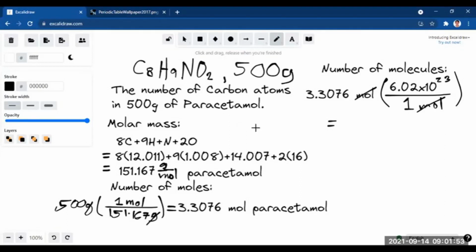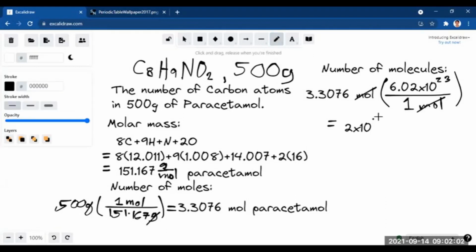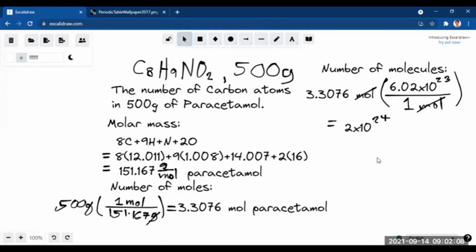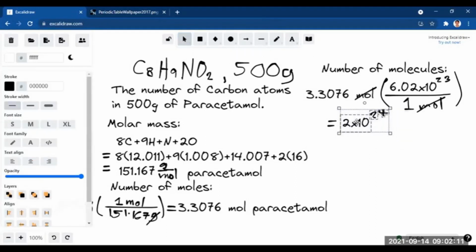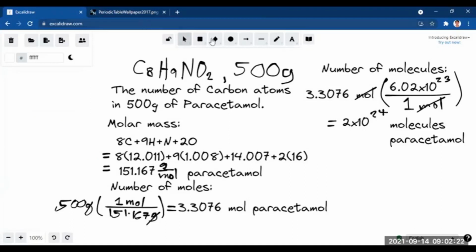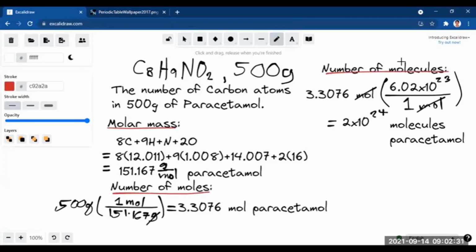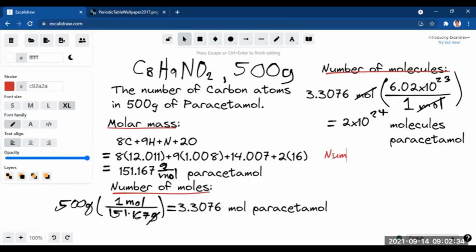Let's just go with 2 times 10 raised to 24 molecules of paracetamol. And lastly, take note of the steps that we did. First, we solved for the molar mass, then the number of moles, and then the number of molecules. So lastly, we will solve for the number of carbon atoms.